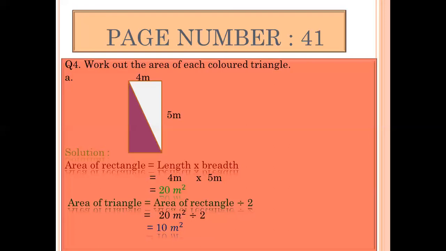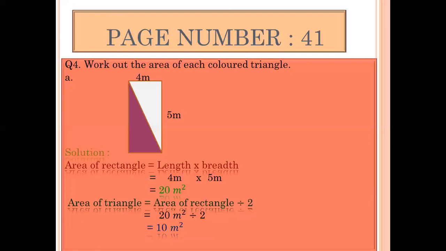It means first we calculate the area of the rectangle in the given diagram and then we divide the answer by 2 and we get the area of the triangle. What is the area of a rectangle? Who will tell me? Yes, very nice.